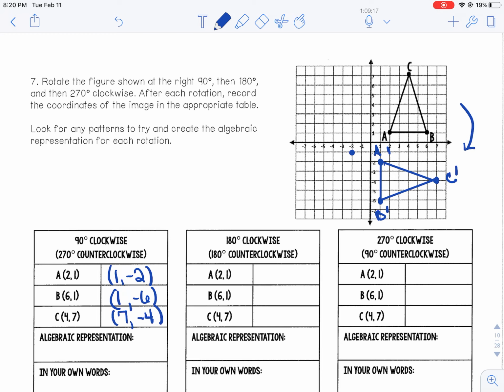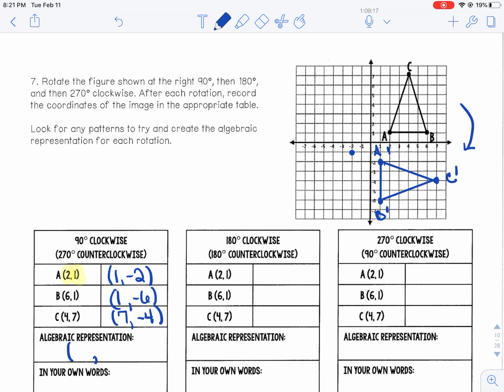So do you see what's happened with the coordinates? It looks like when we do a 90 degrees clockwise turn that the coordinates flip-flop. Instead of it being 2, 1, it's 1, -2. So watch what I'm going to do. I'm going to write my coordinates with a flip-flop. So what was X is now in the Y position. Let's try that again.